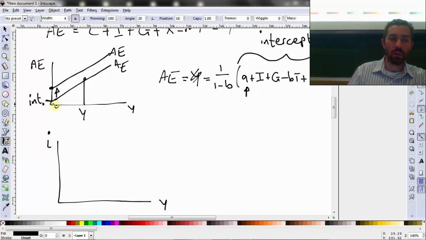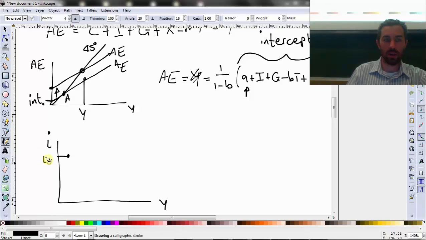In other words, equilibrium in this model is determined by these different points of intersection of the 45-degree line, right? So this line is my 45-degree line. So here I have some interest rate, okay? Let's say that interest rate corresponds to, let's call this point A. So I've got interest rates at point A, and I've got some level of output, Y at point A. Okay?